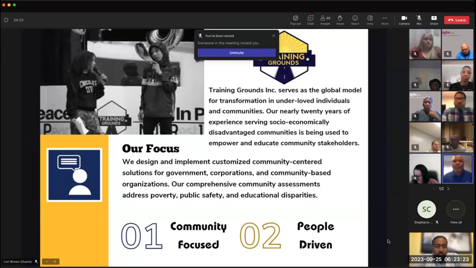And so Training Grounds, as I mentioned a little bit earlier, serves as a global model for transformation. Some language you're going to hear in this presentation might be very unique. It's language that we created so that it would better project the objective, the process, and more importantly the experience that we're offering through Training Grounds for anybody that comes in contact.